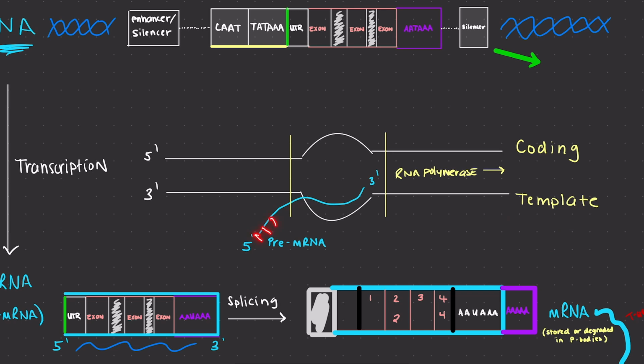The mRNA is going to add its first base pair at the 5' end of its strand, which is going to be the 3' end of the template strand. And this pre-mRNA strand is going to be identical to the coding strand, except anywhere there is a T in the coding strand, the pre-mRNA strand is going to have a U. That is the only difference. And so we have our pre-mRNA.